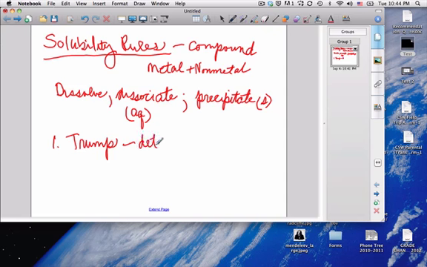So you don't even have to worry about the rest of the stuff. Okay, so the trumps, there are 3 types of cations that are trumps, and they're always soluble.